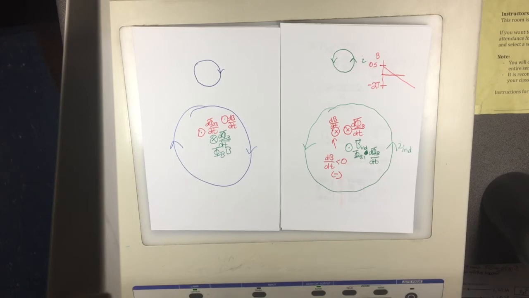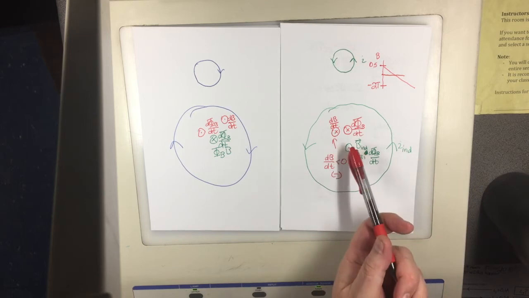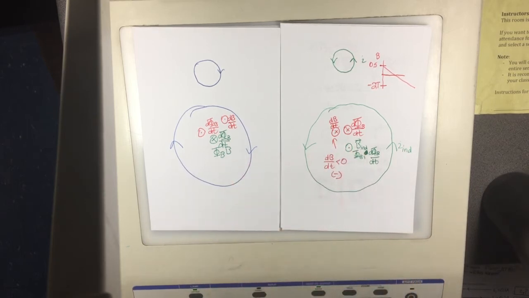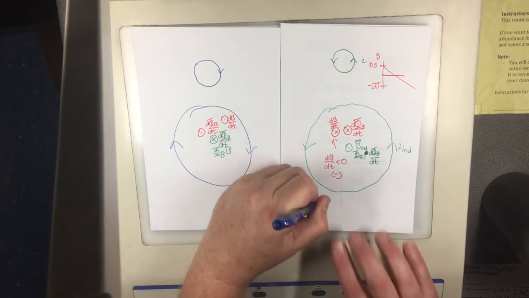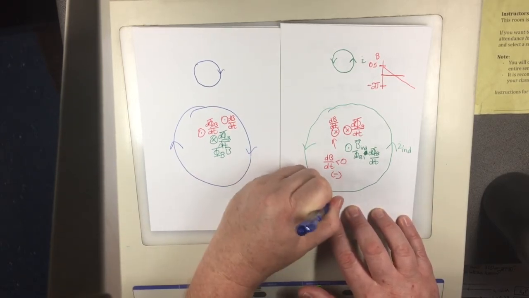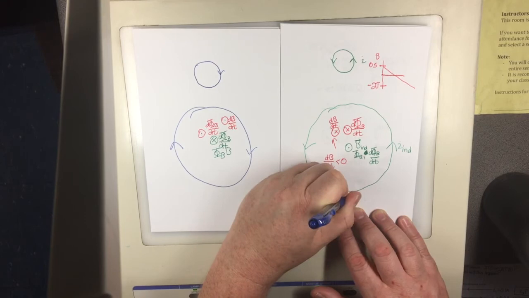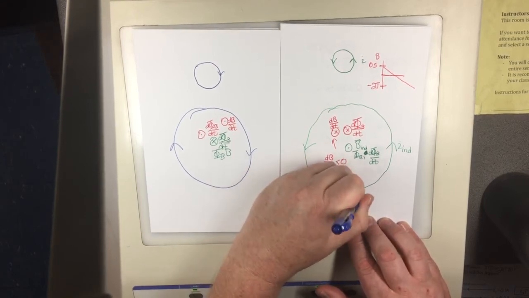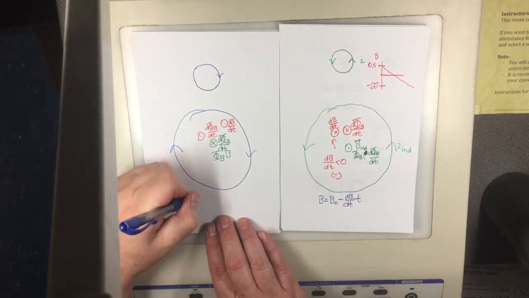So in the case where the current is counterclockwise, the external change in flux is into the page. And then we do, if we're going to treat that as a magnitude, you do this.